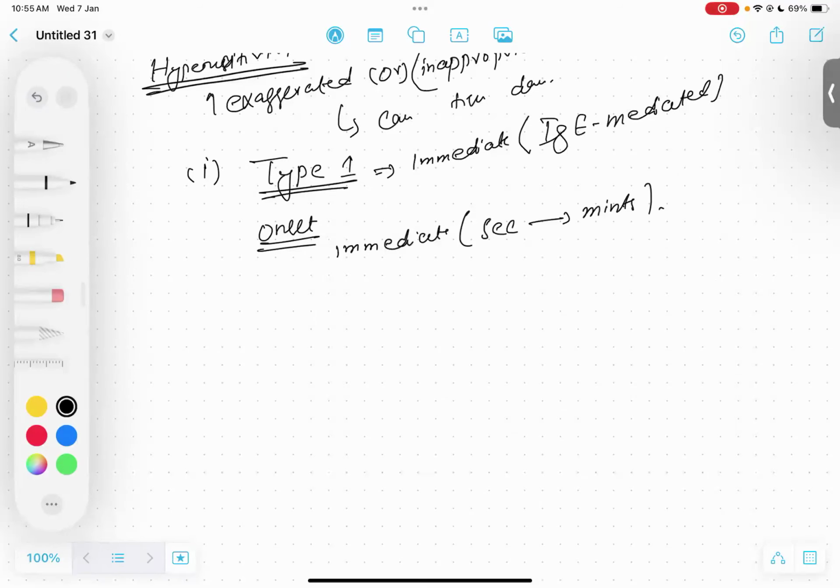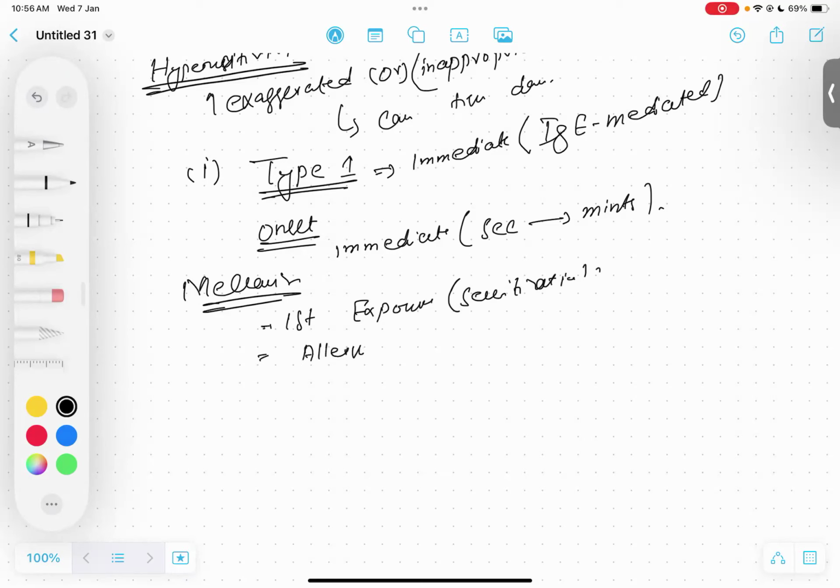So the mechanism of this hypersensitivity is that first exposure to allergens like pollen, food, and drugs will lead to sensitization.